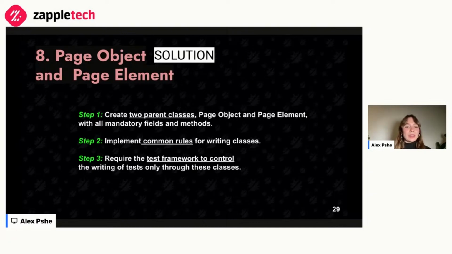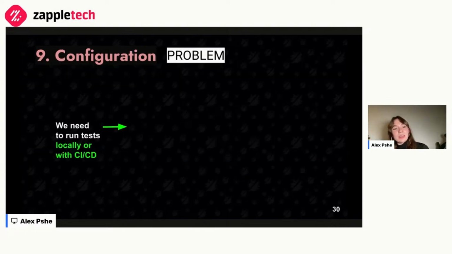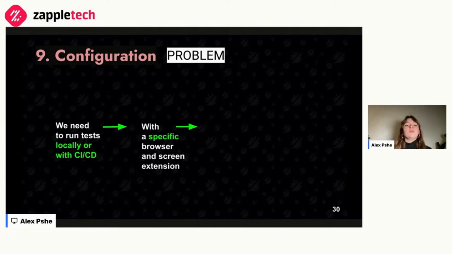So about the next problem. The next problem is configuration. For example, we need to run tests locally or with CI/CD. It's a pretty basic requirement. And also we have some specific browser to run or specific screen extension. It can also be our parameters.